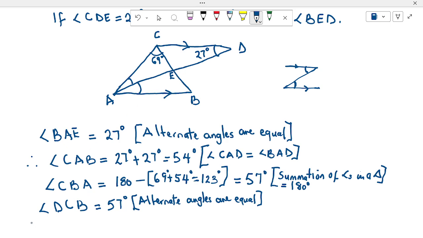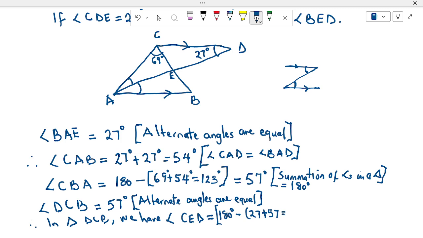And therefore say in triangle DCB, we have angle CED to be equal to 180 degrees minus the summation of 27 degrees and 57 degrees.